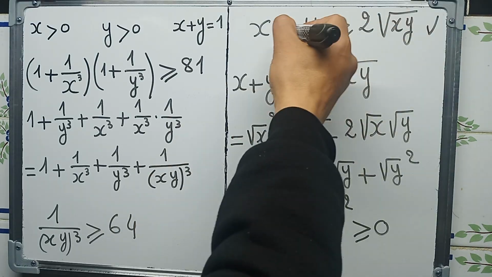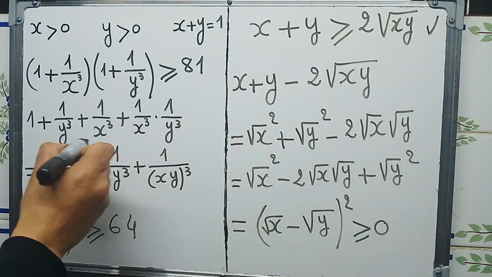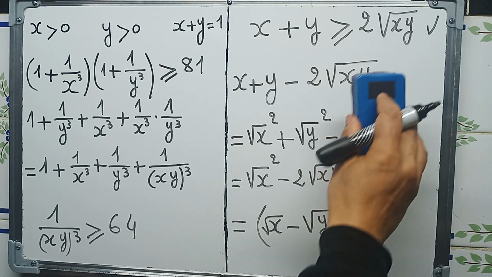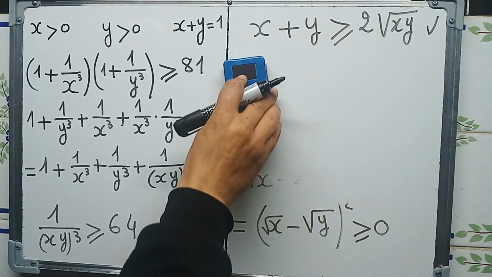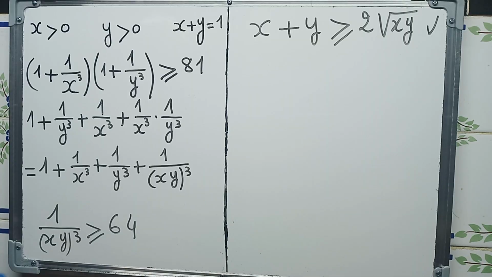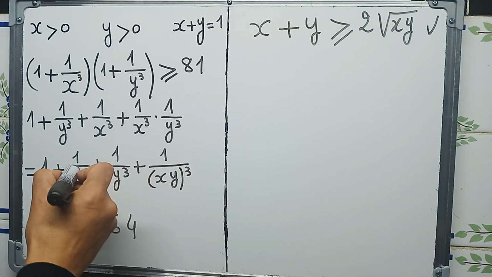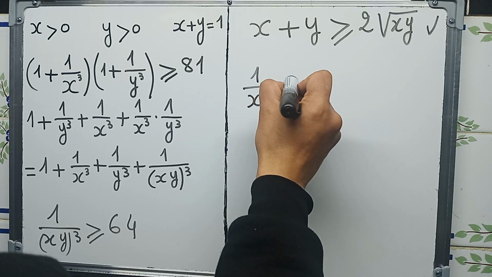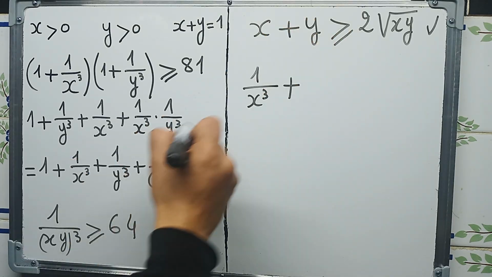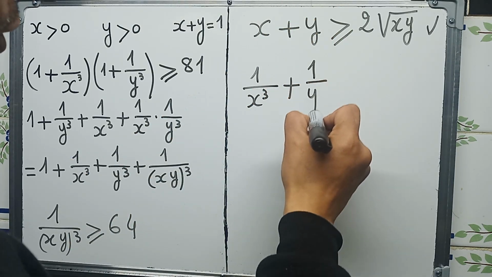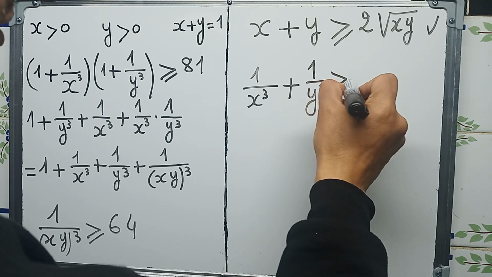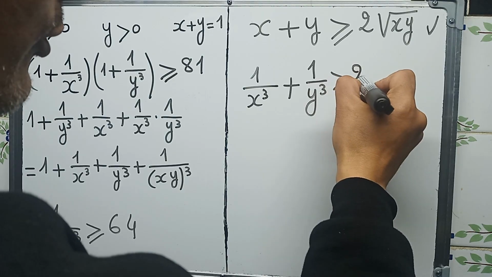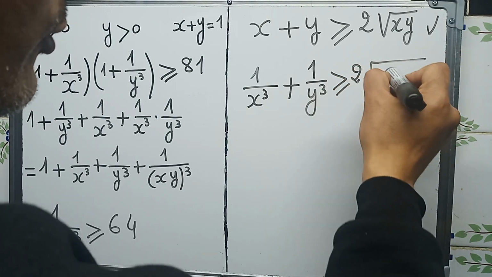Now this inequality will be applied for those two terms. So how will we do? Here we will take our x equal to 1 over x cubed, and our y will be 1 over y cubed. Applying this, it is greater than or equal to 2 square root of xy.